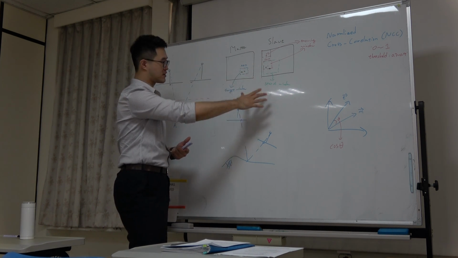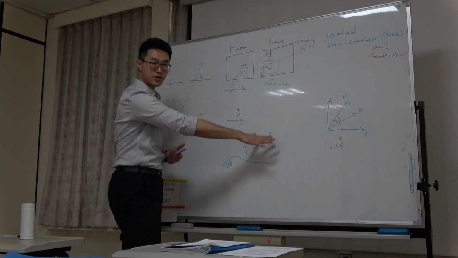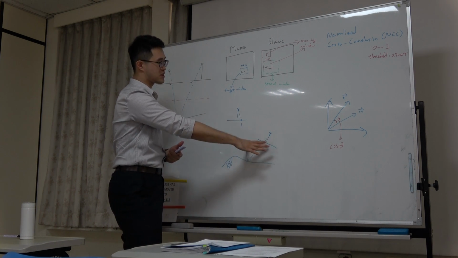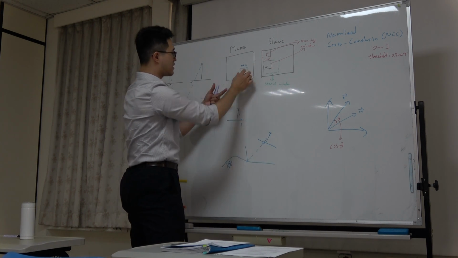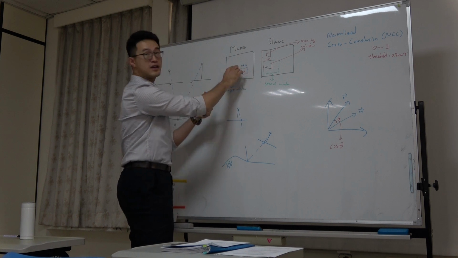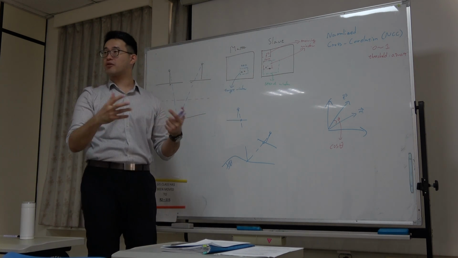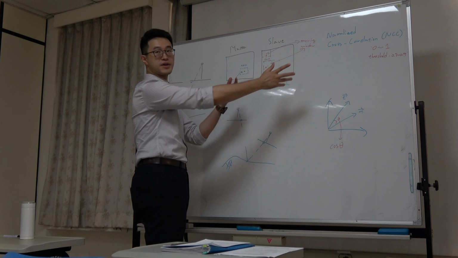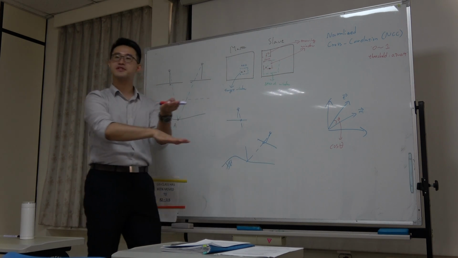As you can see, the slave image is closer to the ground, so the resolution is higher. So it covers maybe just half of the region of the target window. So how can you directly calculate their similarity, because they have different scale?